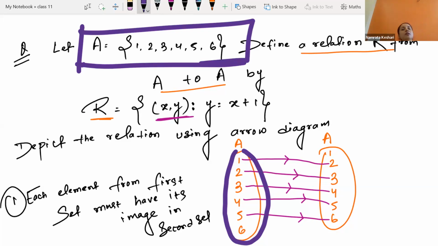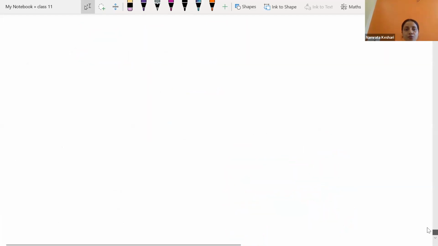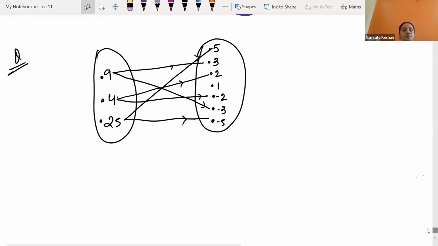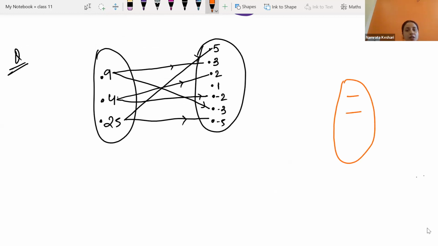If that is getting fulfilled, then we will be checking the second rule. Now the second rule says that, can you see this figure, this arrow diagram? Yes, sir.